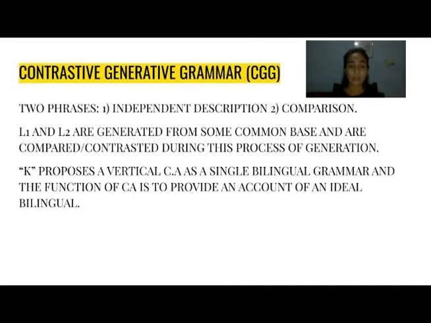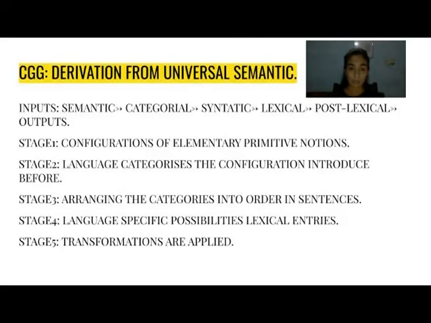In the second characteristic, we can find the derivation from a universal semantic input to language-specific surface structure outputs in 5 stages. We've got the input: semantic, categorical, syntactic, lexical, post-lexical, and the output.